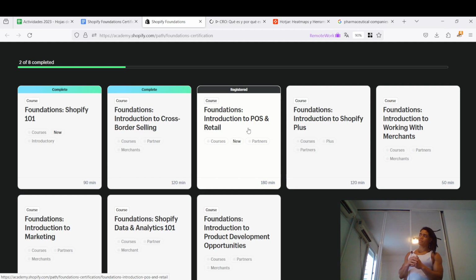So, Shopify POS, who is it for? Who is it for, Shopify POS? This is for brick and mortar retailers up to 1,000 locations. This is not good for cafes and restaurants because they have particular operations. For example, Shopify POS lacks kitchen integration.